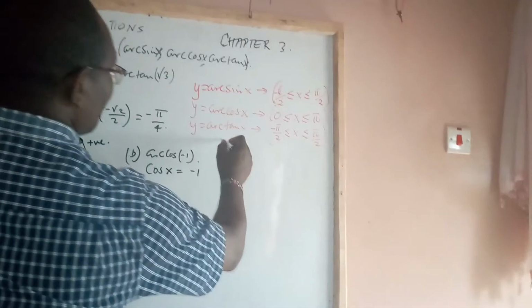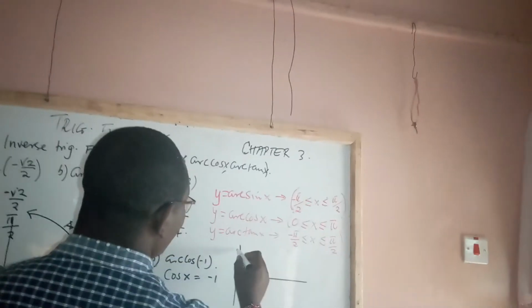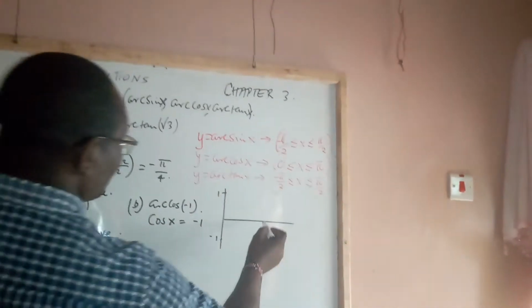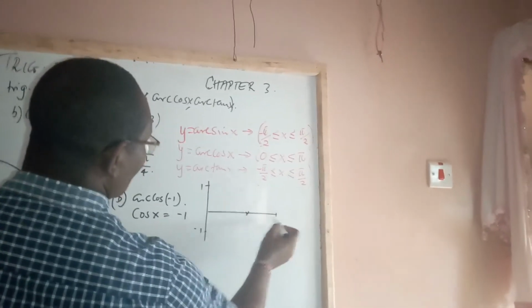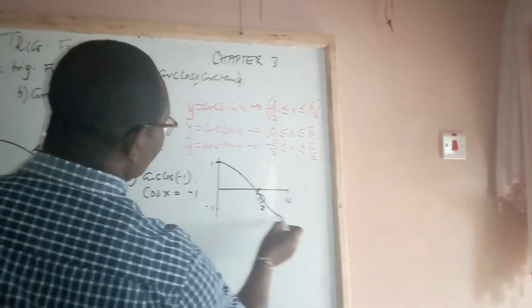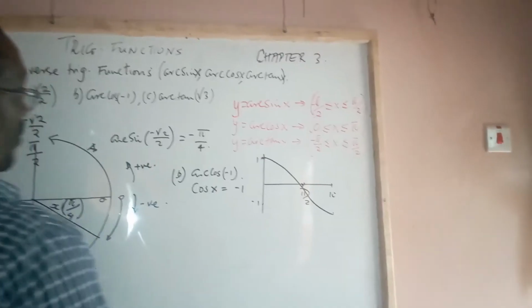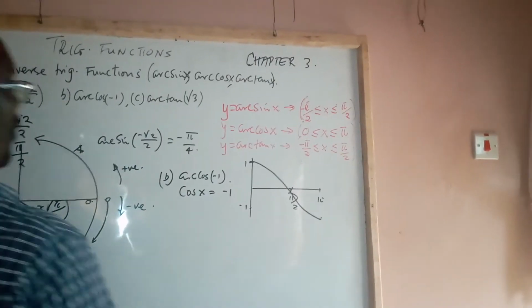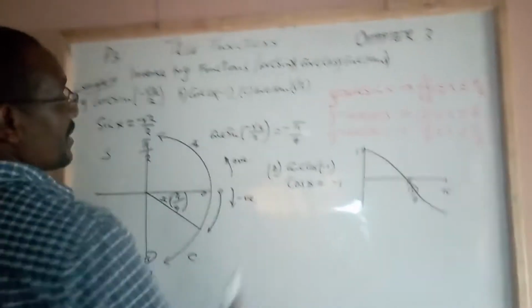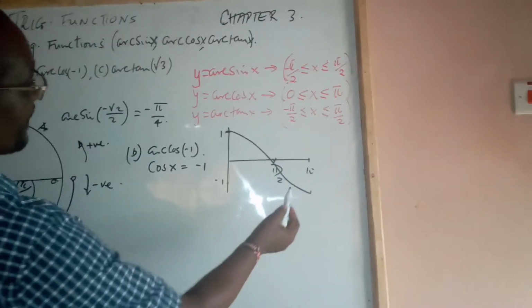So if we can easily sketch the graph of y equals cos x, you'll see pi over 2 and pi there. There was a certain angle x whose cosine was -1, and it's very clear.